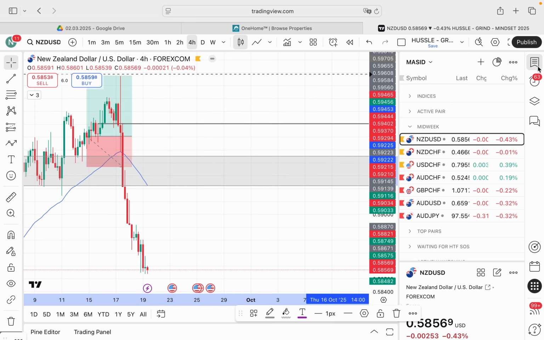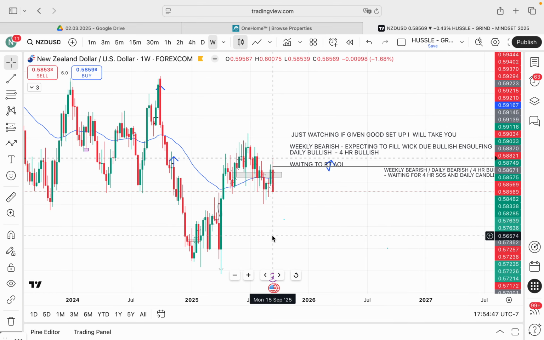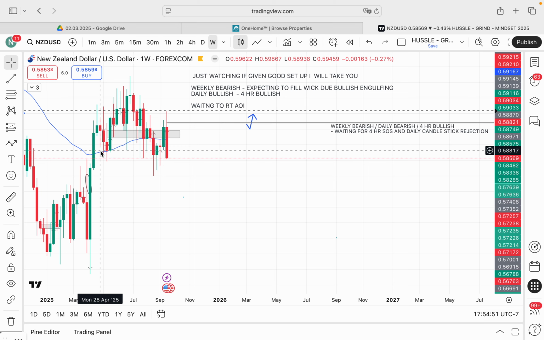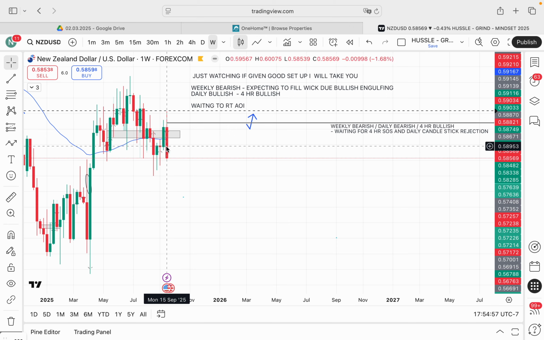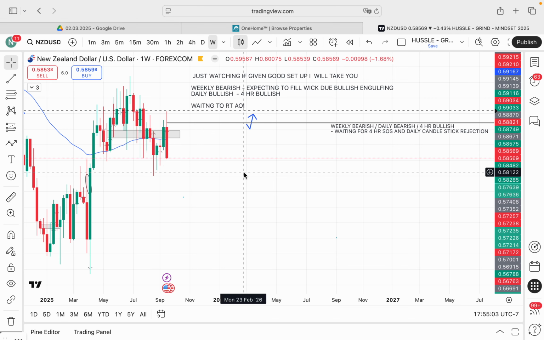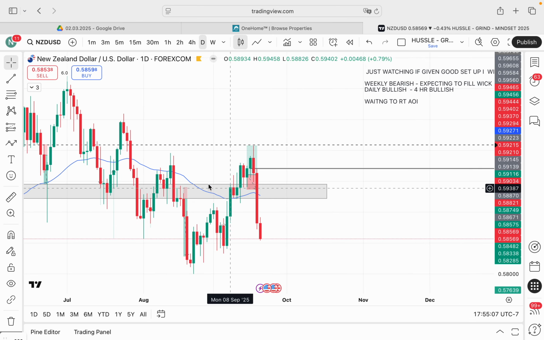NZDUSD. Alright, so actually, again, I thought this one would continue the weekly pullback to go up, but because we have weekly news, I broke my trading plan right here.